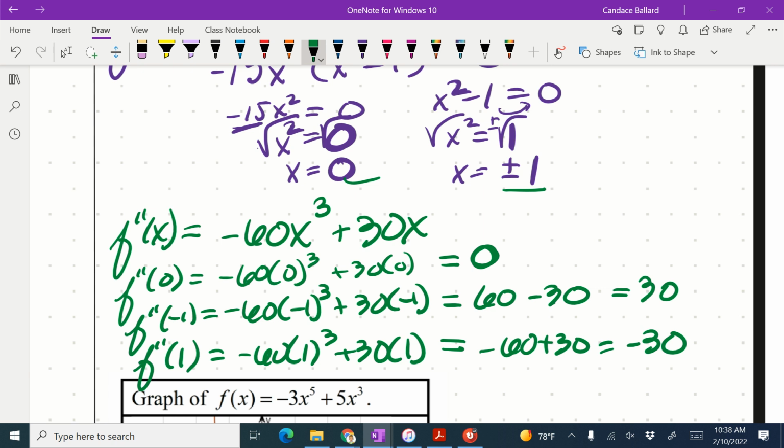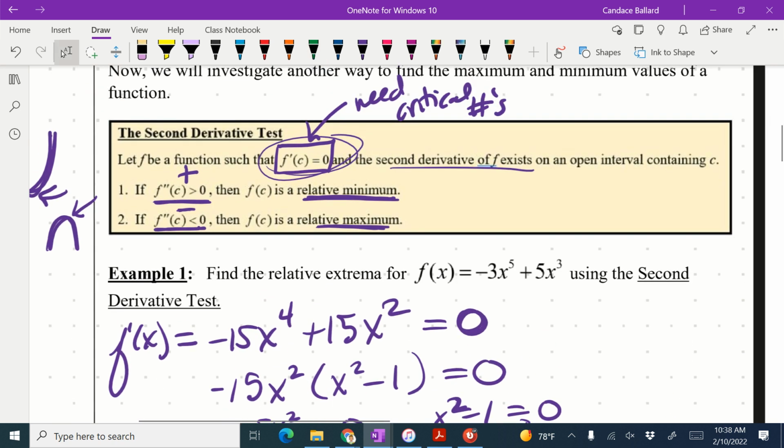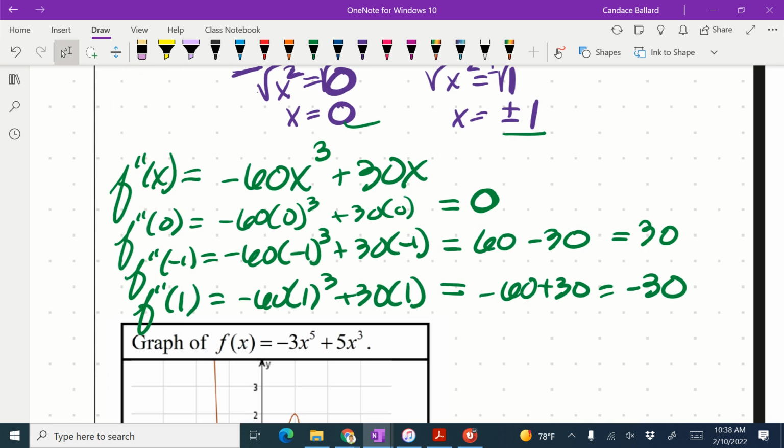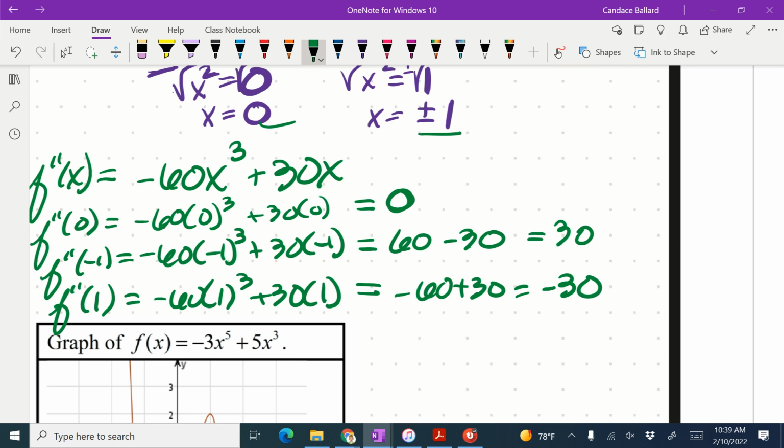All right, do we agree? One was 30, one was negative 30. Okay. All right, so let's go back and read that box and make sure we understand what we're given. It said if we had a positive number, we get a relative minimum. If we have a negative number, we get a relative maximum. So is 30 a max or a min?